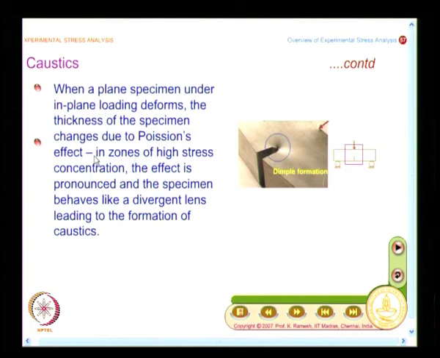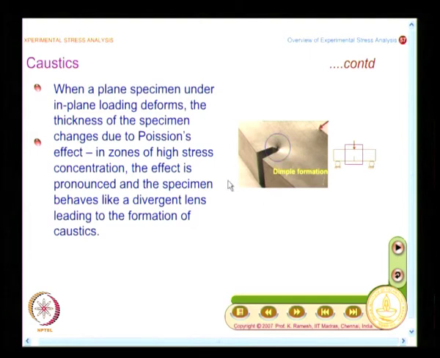This is particularly seen in zones of high stress concentration, where the effect is pronounced. And when you look at here, when I send a collimated beam of light, I can have a transmission arrangement as well as a reflection arrangement. If I have a transparent model, then it behaves like a divergent lens, and the light rays that I send get deflected, and form a particular pattern on the screen.